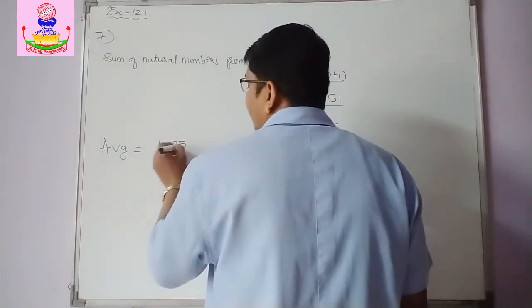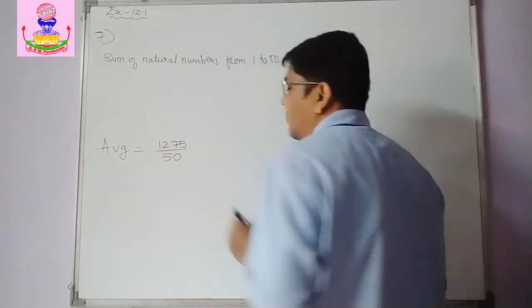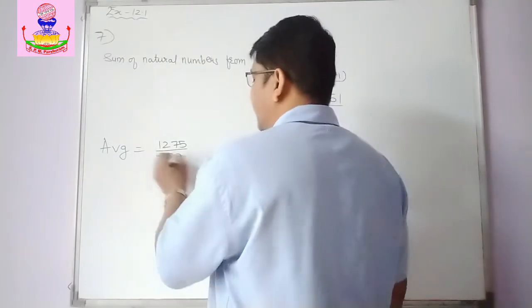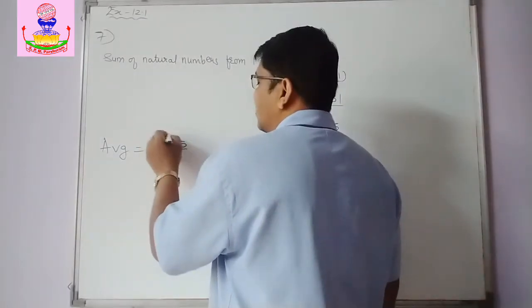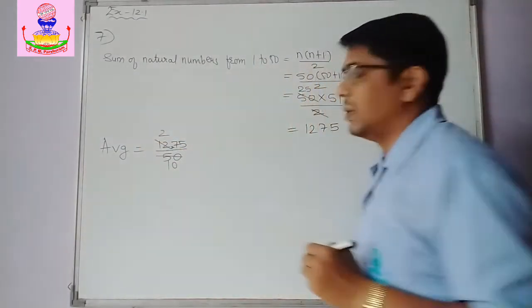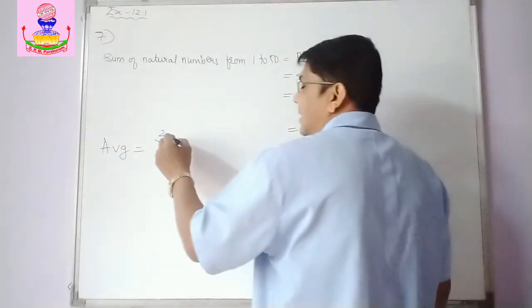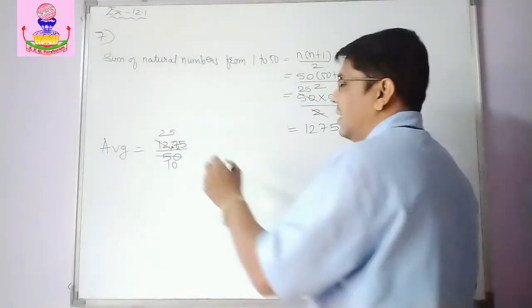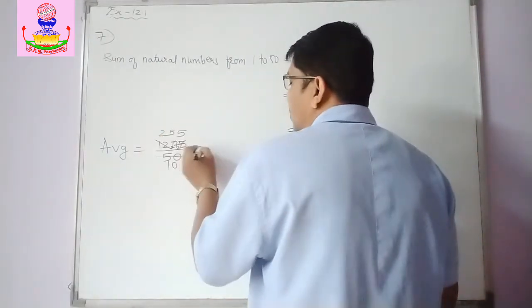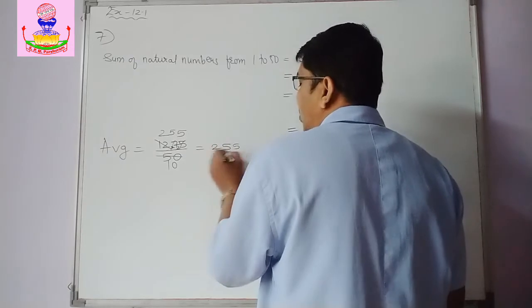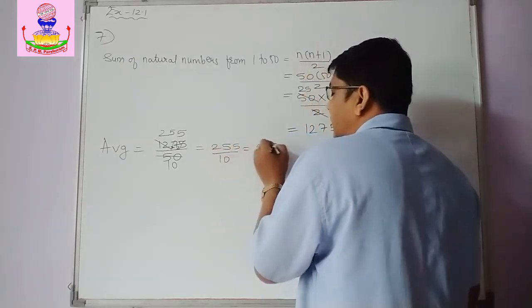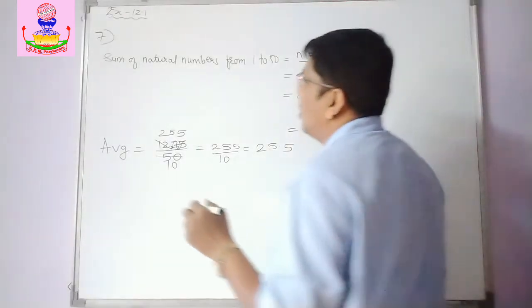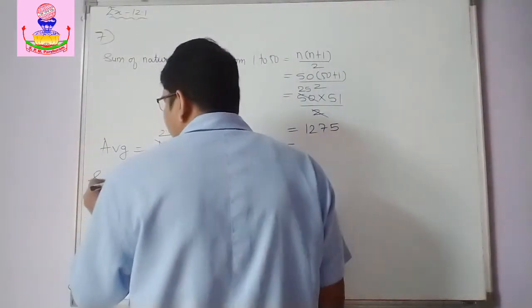So 1275 divided by 50. Now 5 tens are 50, 5 twos are 10, 2 remainder, 27, 5 fives are 25. So 255 upon 10, that is 25.5.